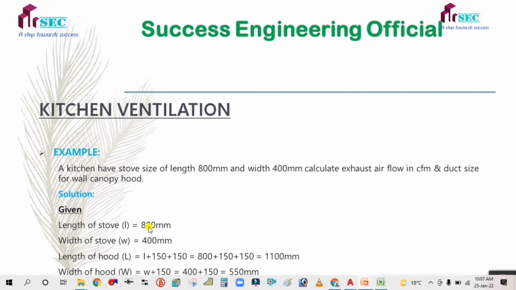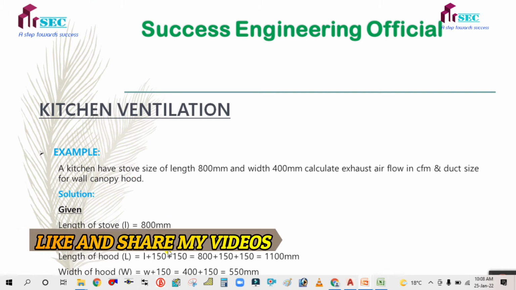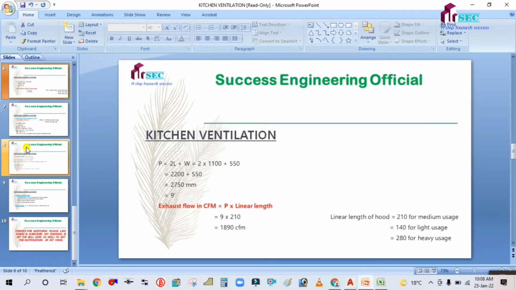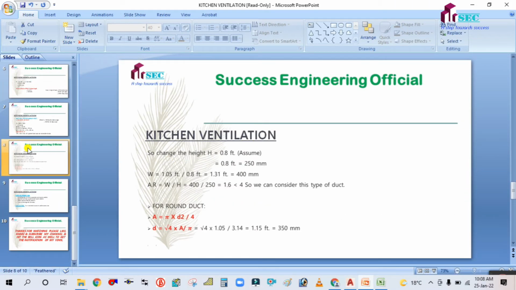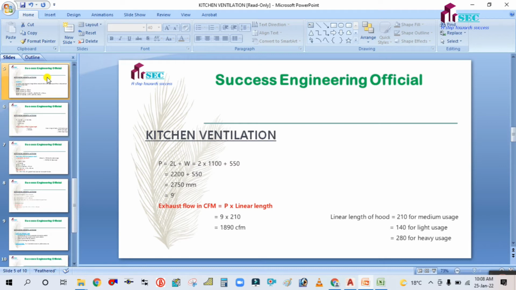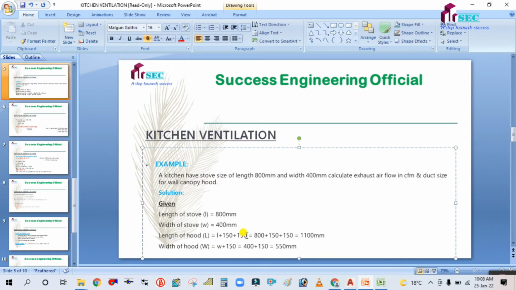Because of the wall canopy, there are 3 sides, you should add 150 mm on each side. The length of the stove is 800 mm and the width is 400, because one side is fixed to the wall and 3 sides are exposed, so you have to consider 150 on each of them.